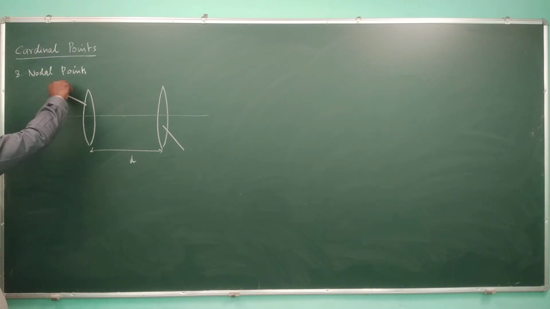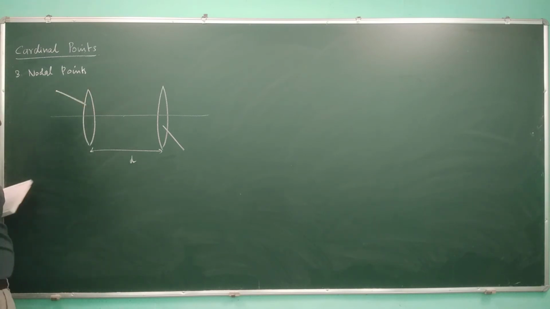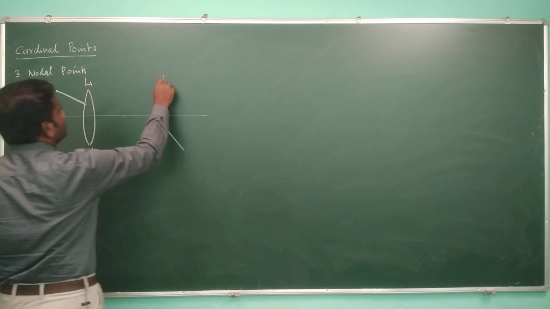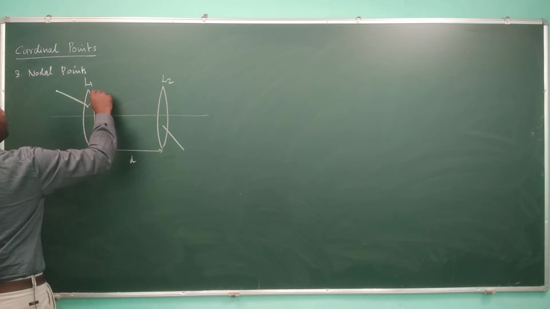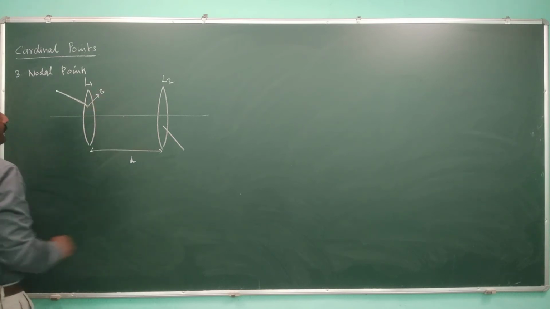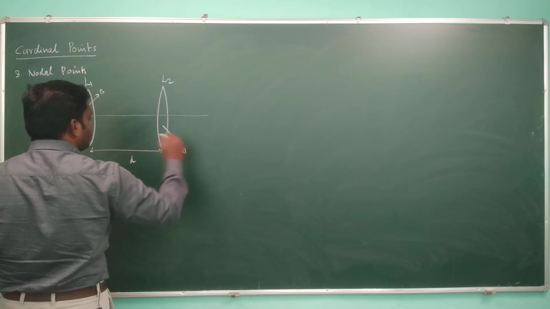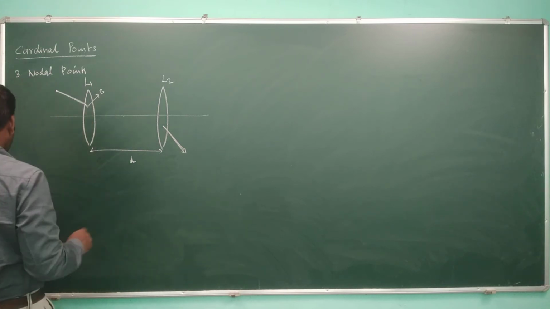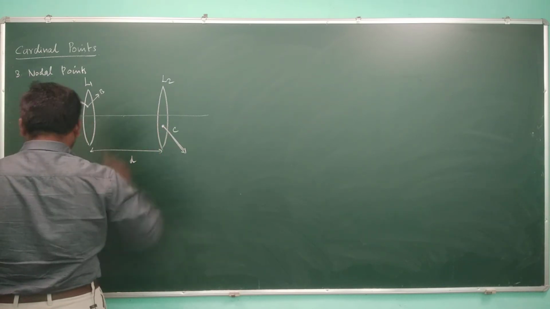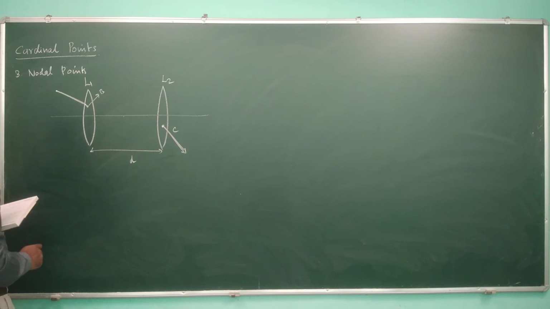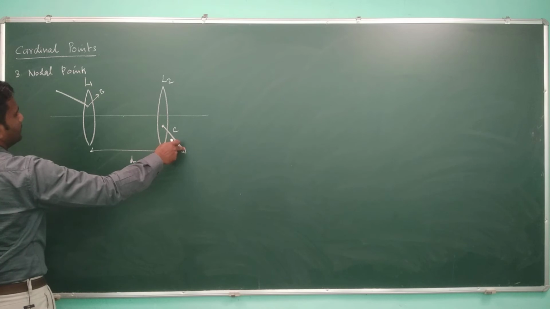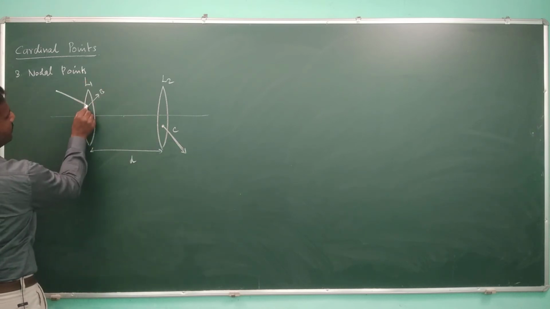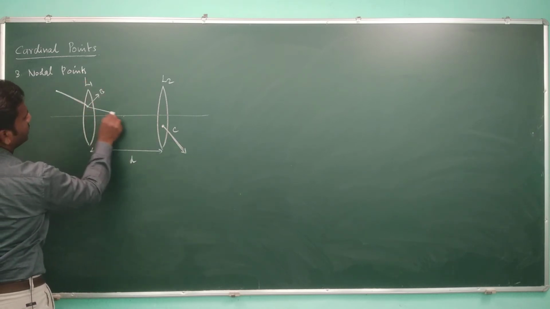A light ray incident on lens 1 at the point B will be emerging out of lens 2 at point C. This ray and this ray are parallel, so what would happen, this will travel like this.